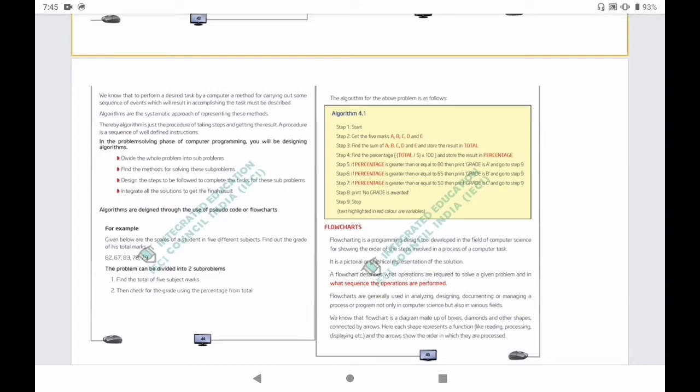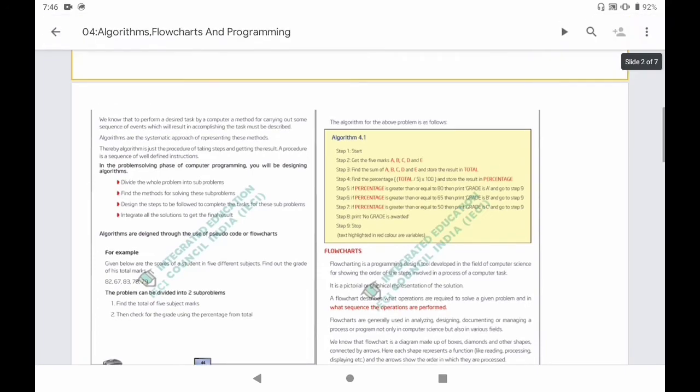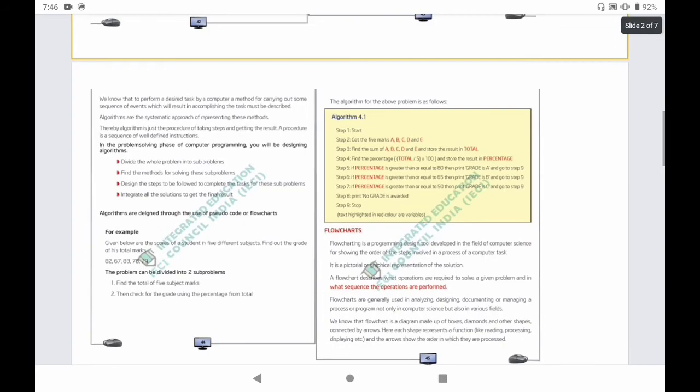In the textbook we have given some variables: A, B, C, D and E. These are our 5 mark variables. Then step number 3, find the sum of A, B, C, D and E and store the result in total.